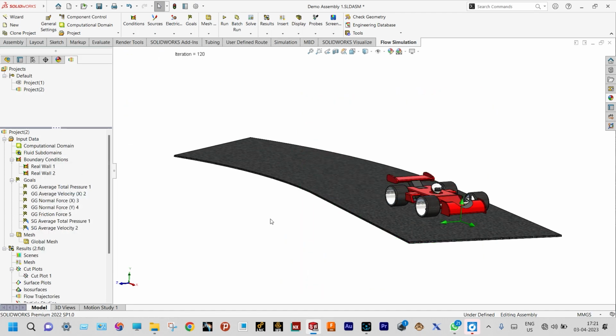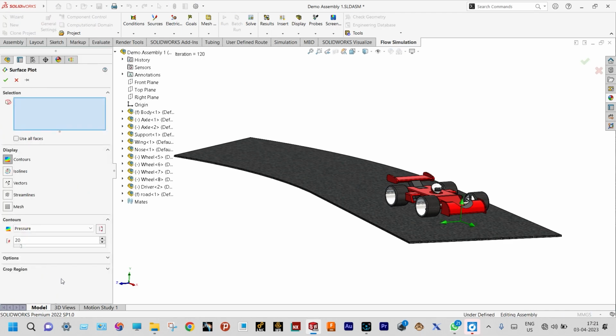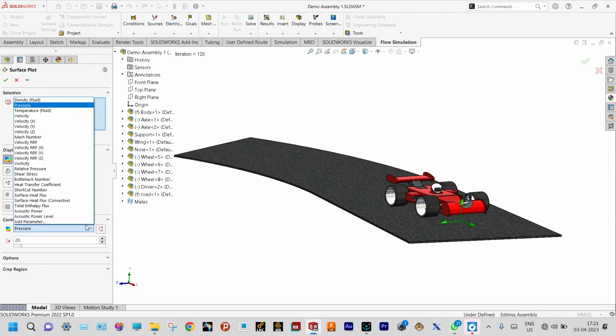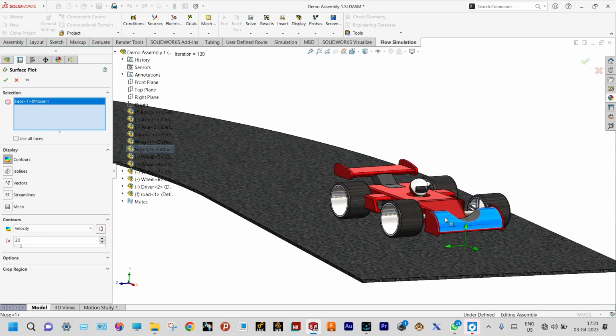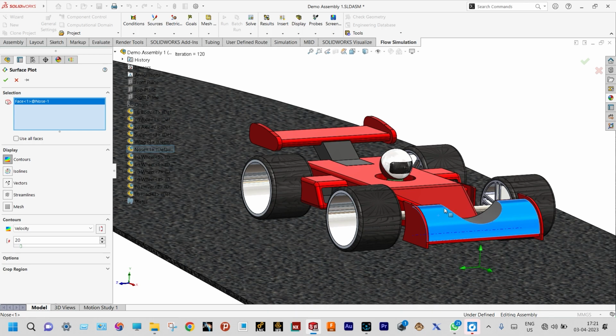Next to that, we'll see surface plots. That means different parameters at different surfaces, right? So surface plots, insert. Instead of pressure, we want to see velocity at different surfaces, and we can select equal surfaces. Suppose here at the front nose or at the back wings also you can select, or if you like you can select the whole body also.